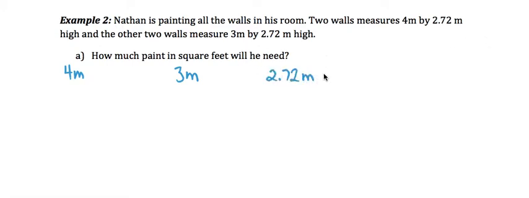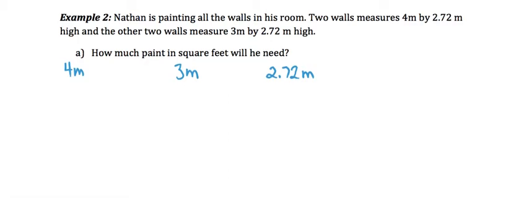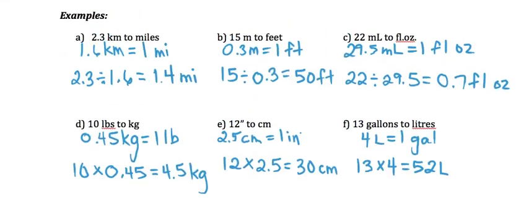If I do these calculations now, then I won't have to worry about trying to convert a squared unit from metric to imperial or vice versa. So it's easier to convert the basic units that look at length and then do our area calculations.